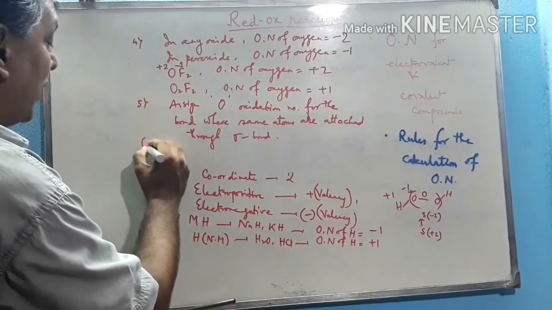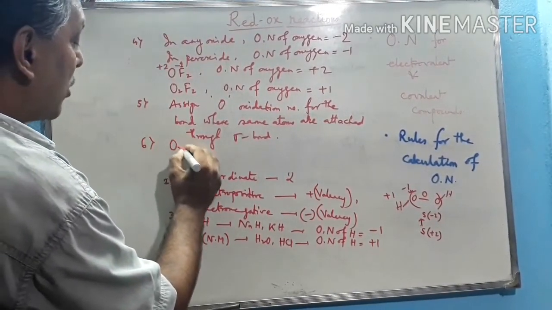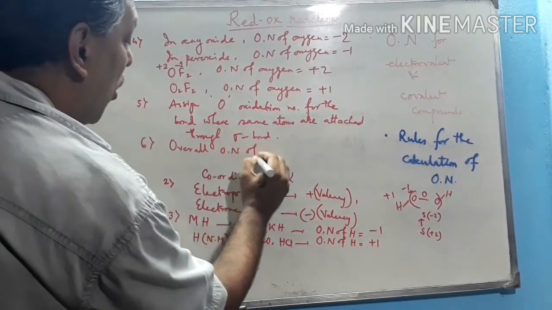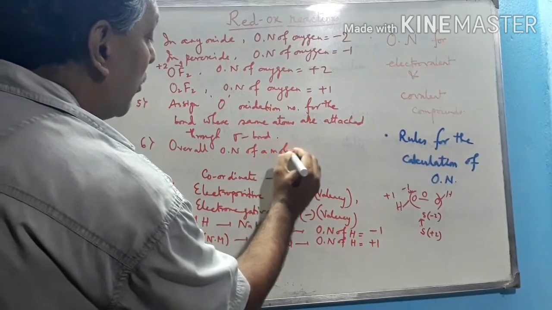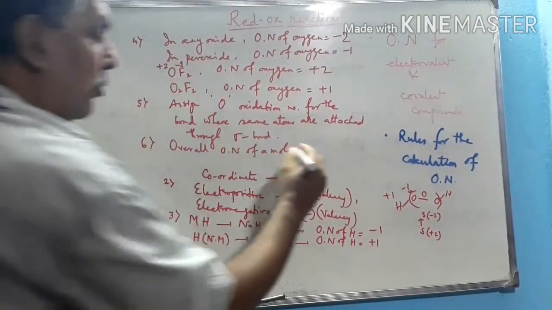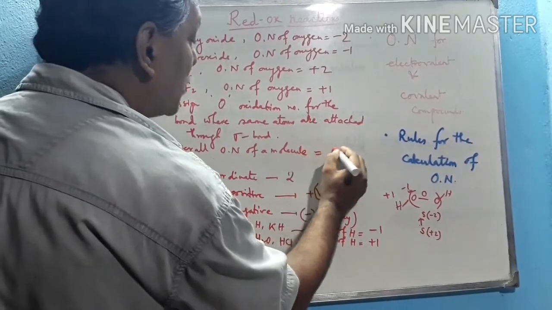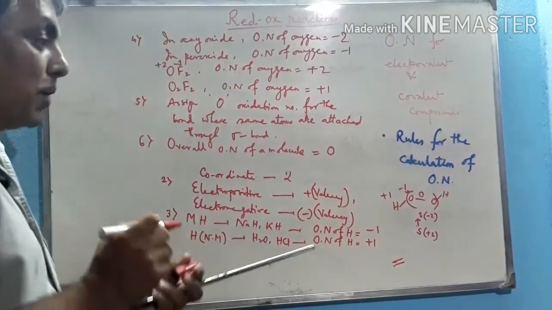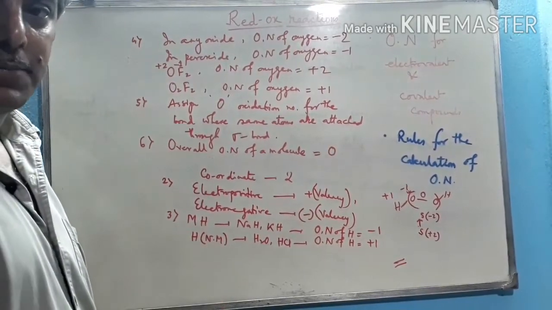And the last point is this: the overall oxidation number of a molecule, whether it is an element or a compound, whatever it may be, is always 0. So these are the rules for the calculation of the oxidation number.